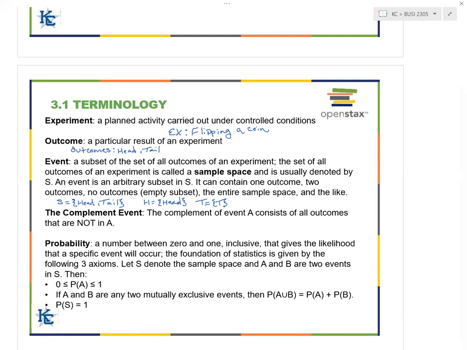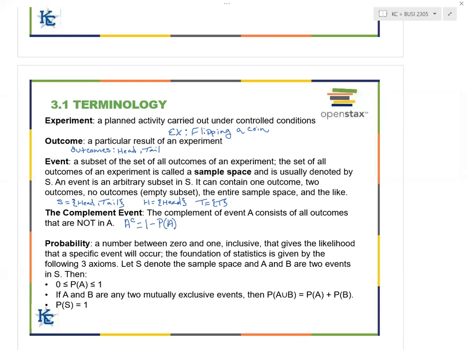The complement of an event A consists of all outcomes that are not in A. Mathematically, when we're dealing with probability, A complement would be 1 minus the probability of A. For example, heads and tails are the only two possible outcomes for flipping a coin.